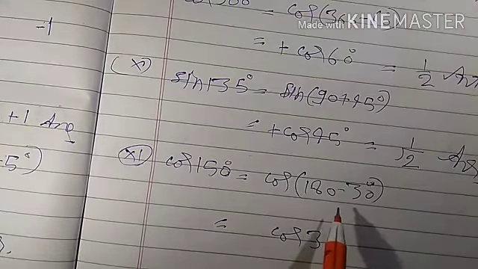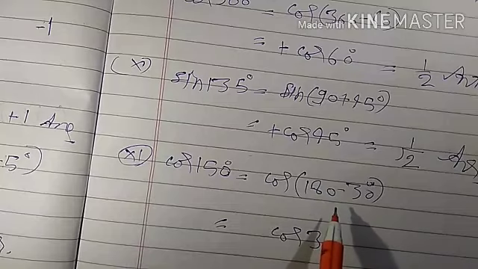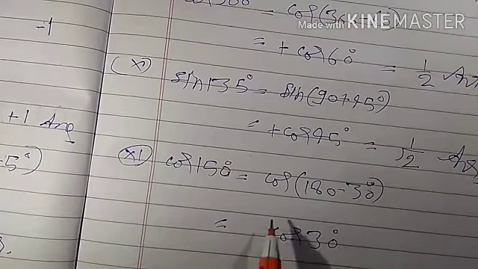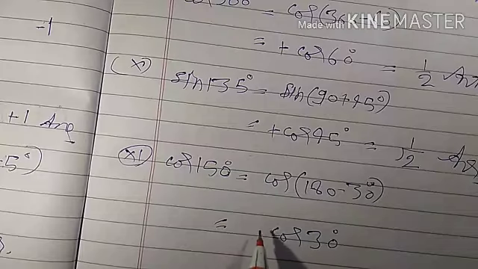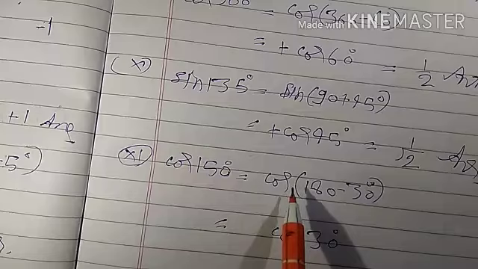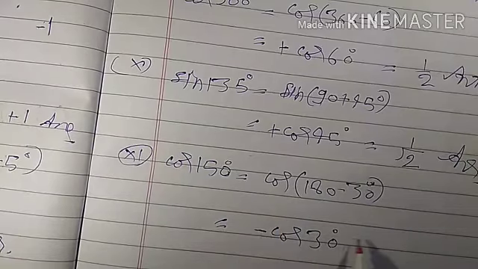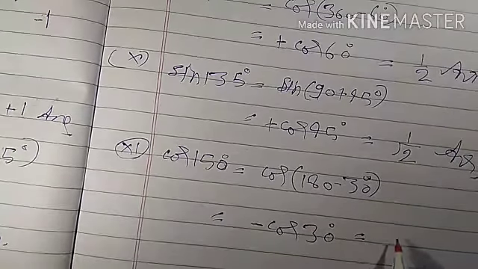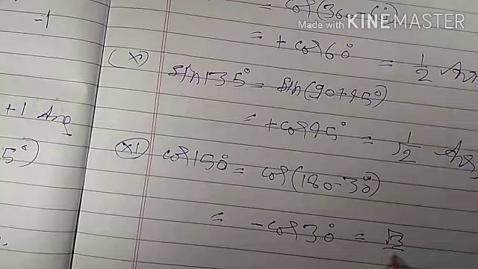For 180 minus theta, the angle is in the second quadrant. In the second quadrant only sin theta and cosec theta are positive and the other functions are negative, so cos theta is negative. The value of cos 30 degree is equal to square root 3 by 2, so minus square root 3 by 2 is the right answer.